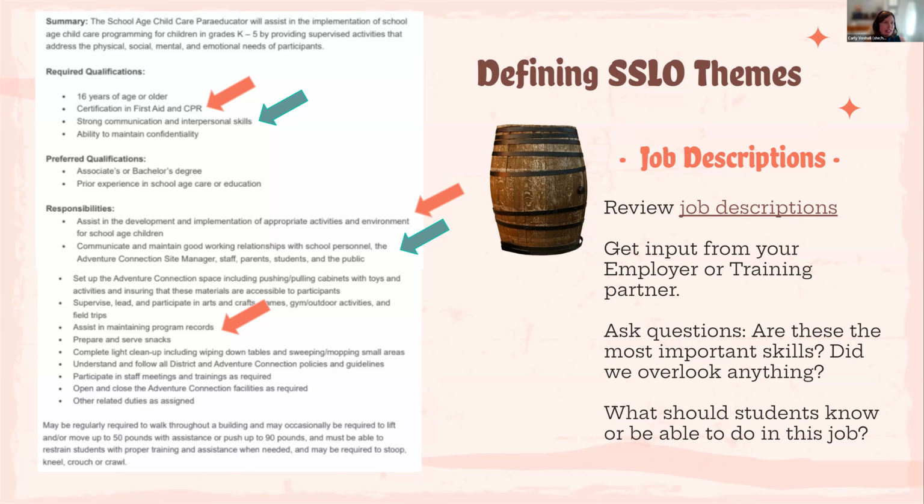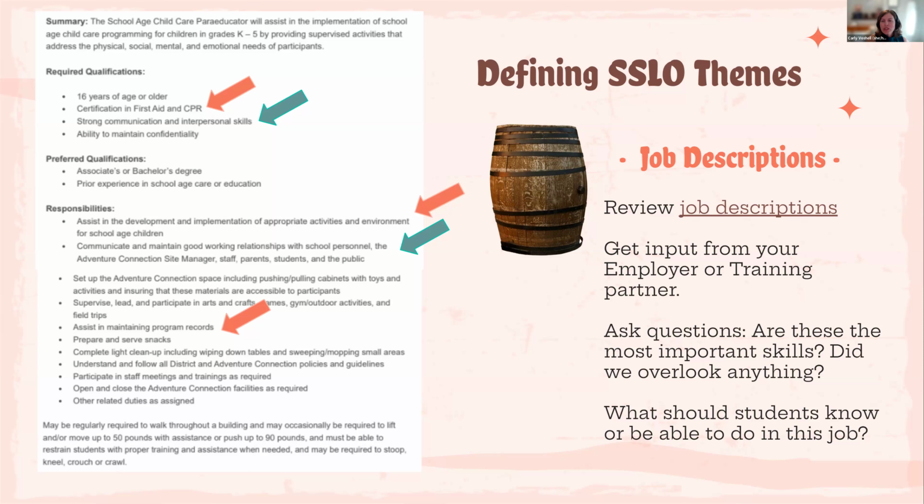Maybe something related to safety and CPR and first aid, assist in the development and implementation of appropriate activities and environment for school-age children. And then I picked out assist in maintaining program records. So this is a great first start, whether you print off the job description, go through and highlight things that you think are important, but that's coming from maybe the ABE side, right?